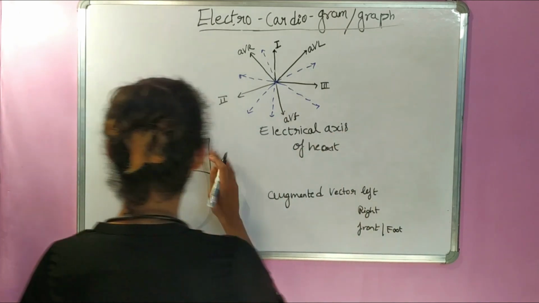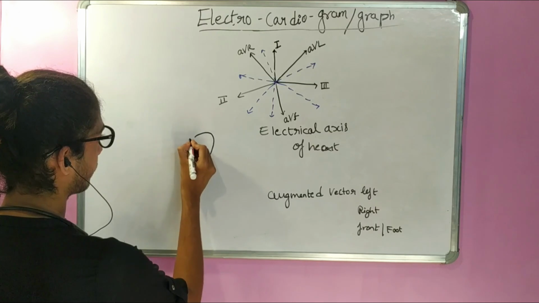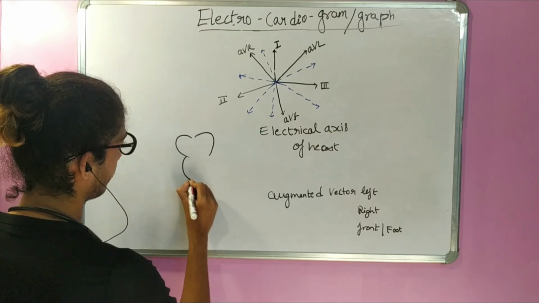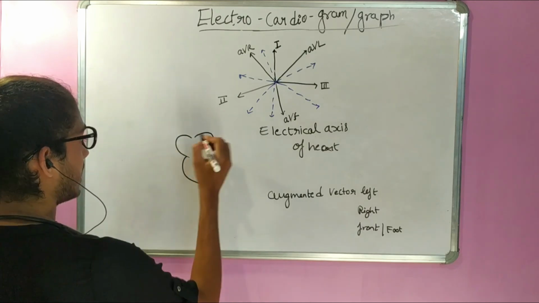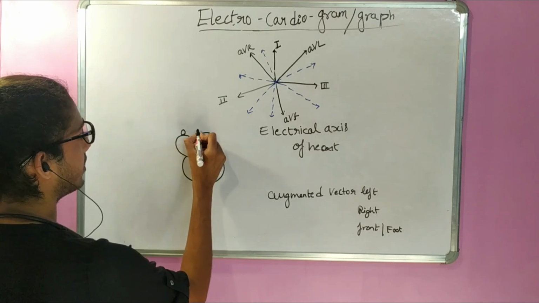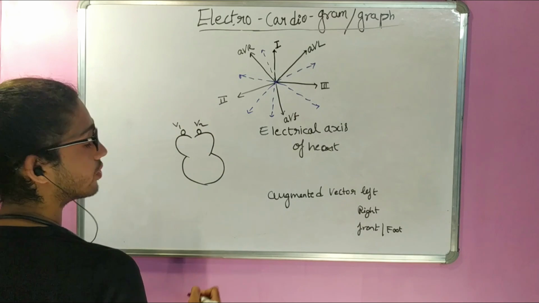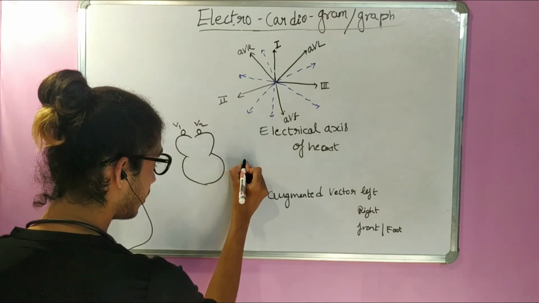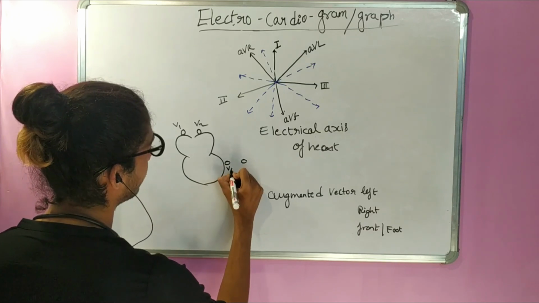So suppose this is your heart. So here we are placing V1. This is your V2. V1, V2. Okay. Now here is your V6 and your V5.